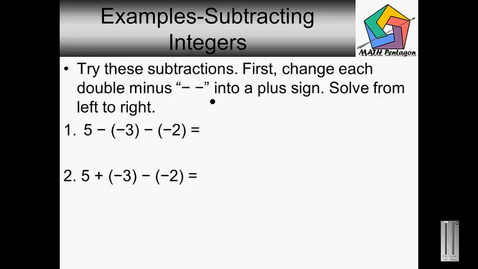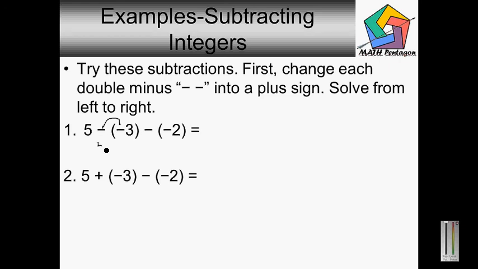Okay, the directions are telling us to try these subtractions. First, change each double minus into a plus sign. Solve from left to right. So we have 5 minus -3 minus -2. So we have to distribute the subtraction and this negative and turn this to a positive.